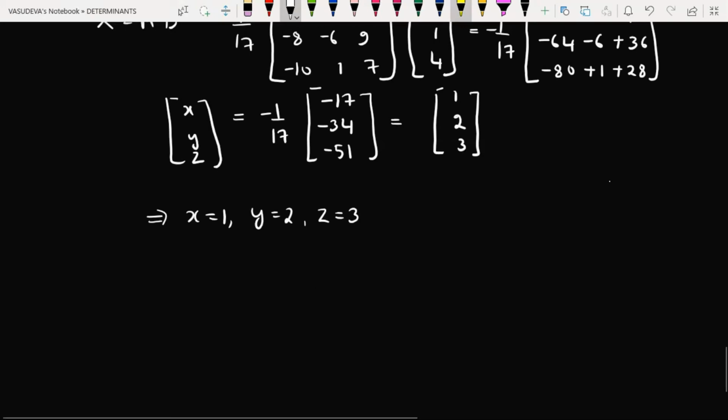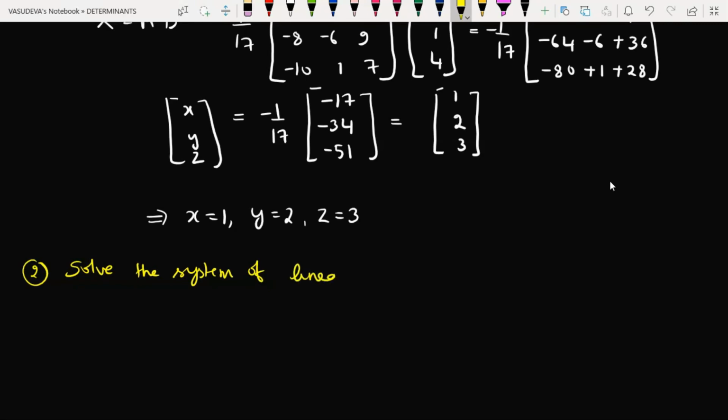Now consider another problem. Solve the system of linear equations using matrix method.